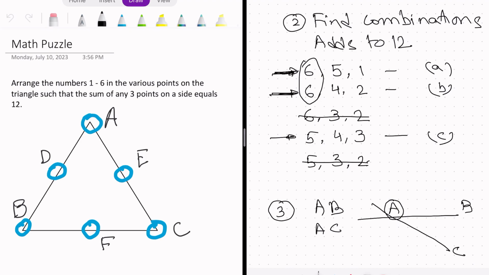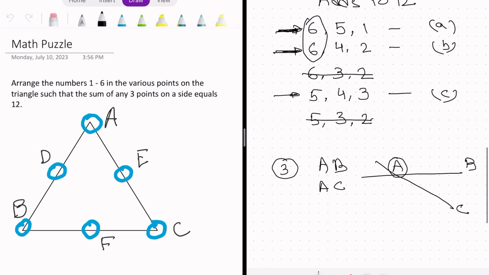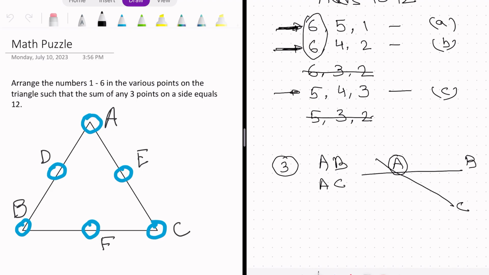So I know that if these are two lines, then this common point will be 6. And it could go either way. We can have 5 here and 1 here, or 5 here and 1 here. We don't know that. We will find that out.